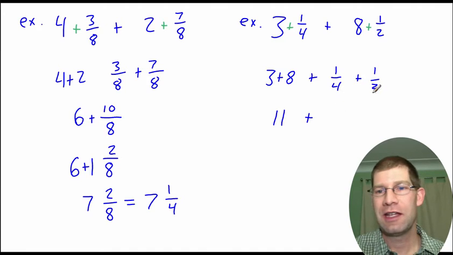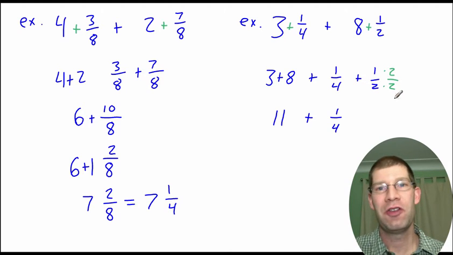Then over here I need to get common denominators. So my common denominator will be a 4. And in order to come up with that, I have to take my second fraction and multiply the denominator by 2. Well, if I'm going to multiply the denominator by something, I need to multiply the numerator by something. Like we've looked at already in this chapter, 2 over 2 is really just 1.